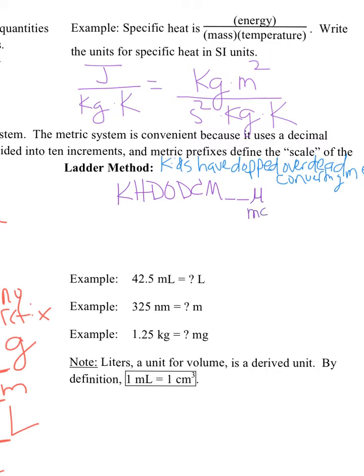Micro is 1,000 times smaller than a milli. Then we go over another 3. We write N, which is for nano, like nanotechnology, right? That's how small nanotechnology is. And then we go over another 1,000, and we have P for pico.